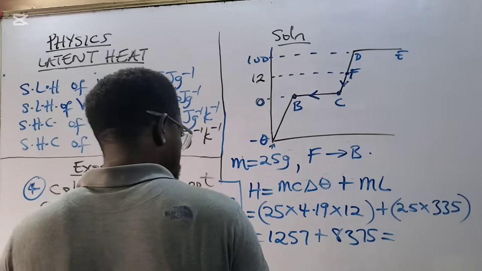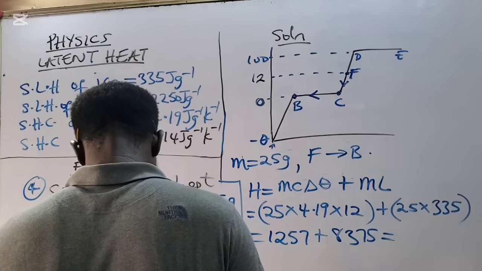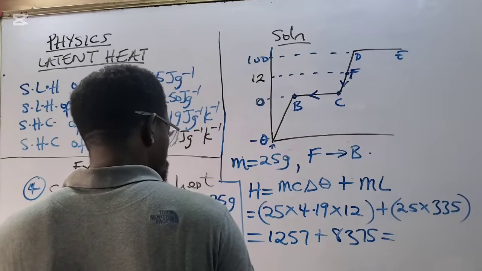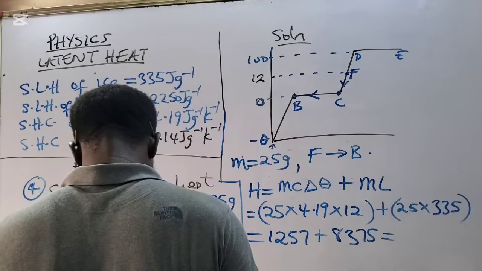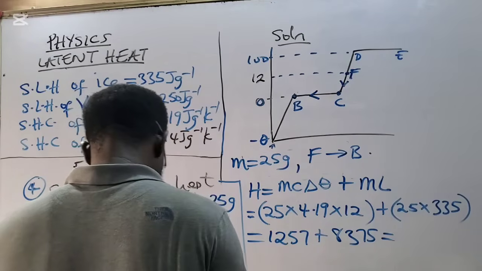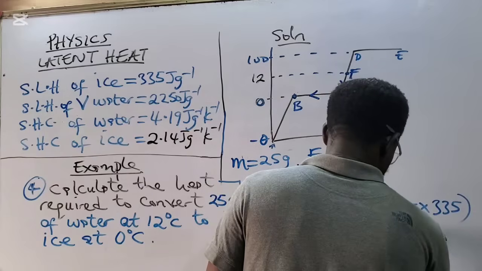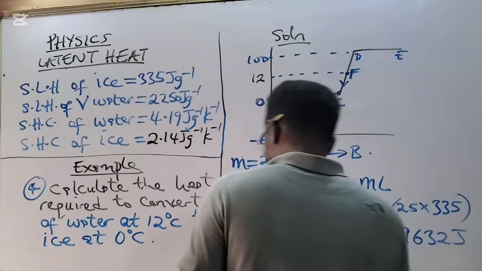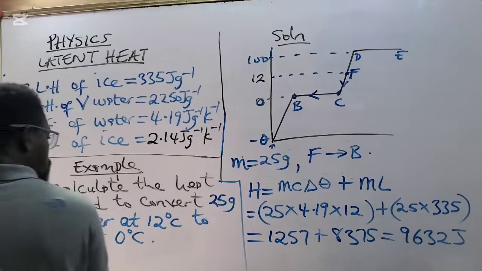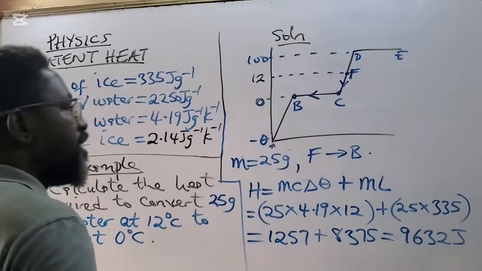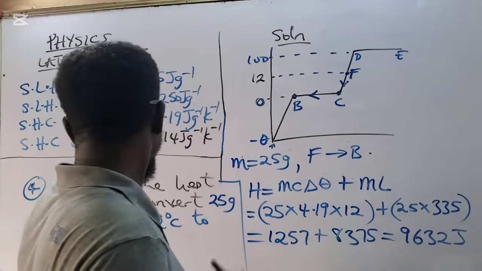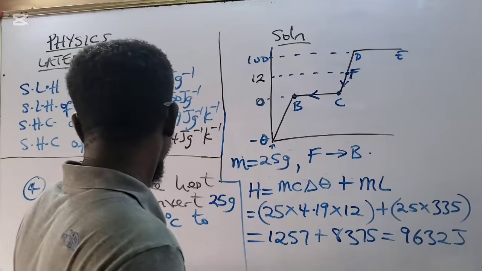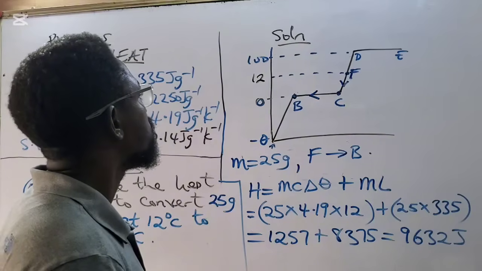Well, add up 8375. So 1257. So then 9,632 joules. That is the heat required to convert 25 grams of water at 12 degrees C to ice at 0 degrees C.